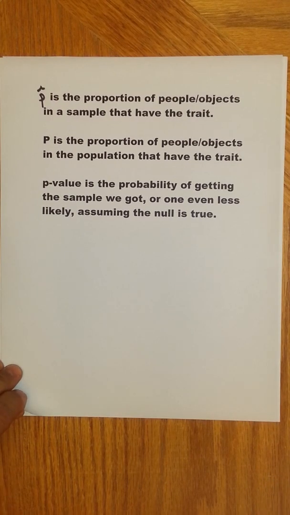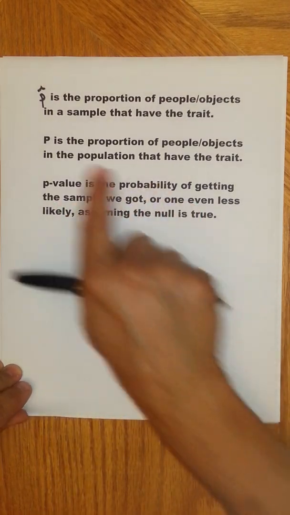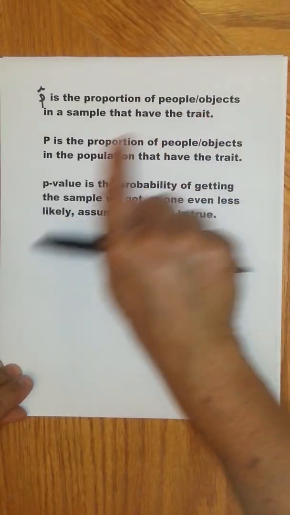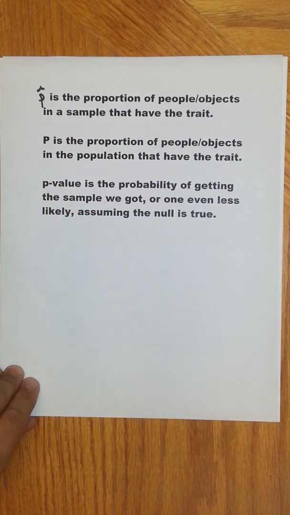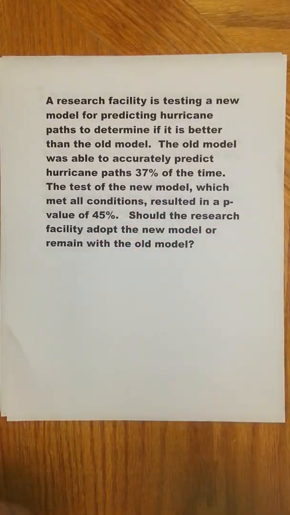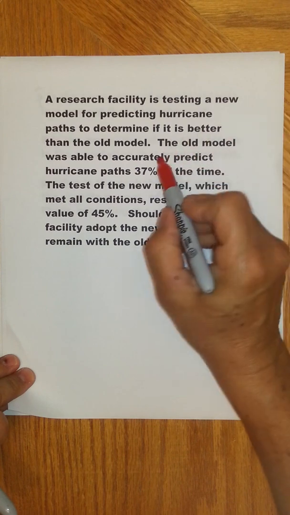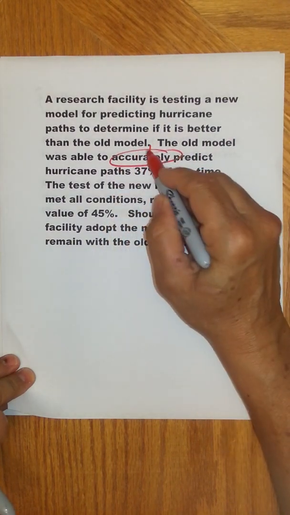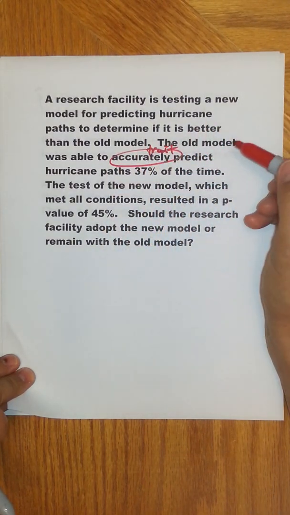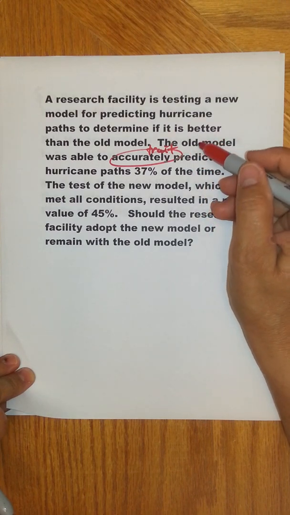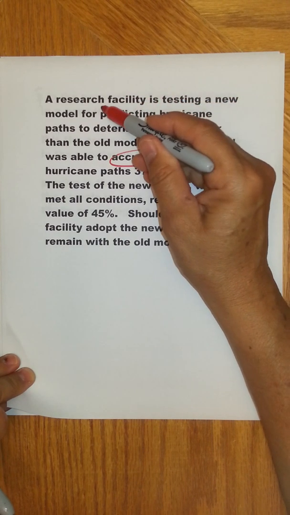Now, in this case, all we're given is the p-value. We are not given p hat. We are given p because that's the 37%. So your trait then is whether you accurately predict a path or not, right? That's the trait. And the population are the predictions themselves, predicting the hurricane paths.